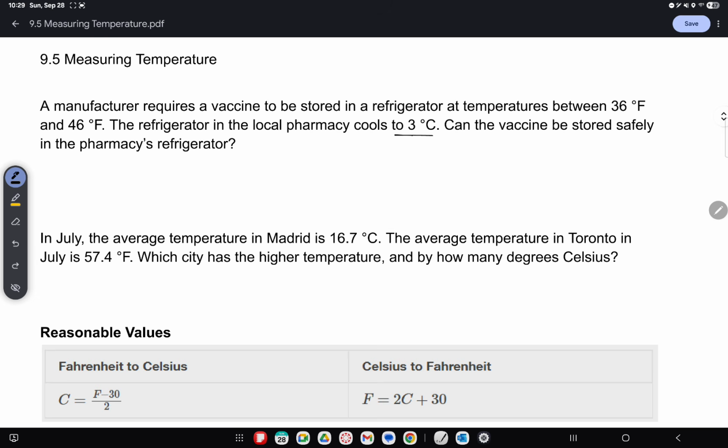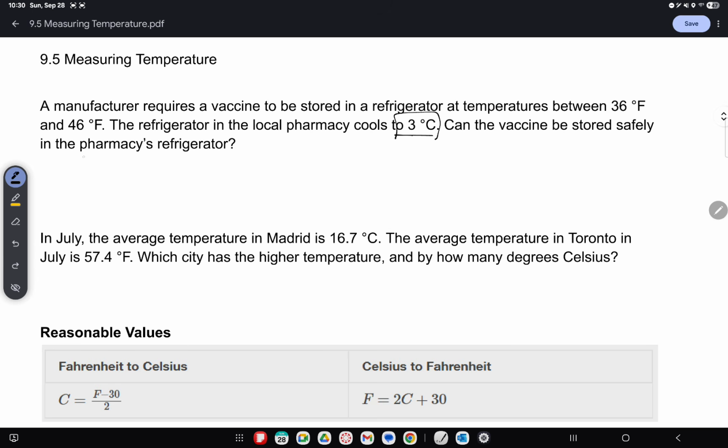Can the vaccine be stored safely in the pharmacy refrigerator? Well, let's find out. We could convert both the Fahrenheits into Celsius to get an answer, or we can turn that 3 degrees Celsius into Fahrenheit and see if it fits within that range. So more efficient way would be to convert one number versus converting two.